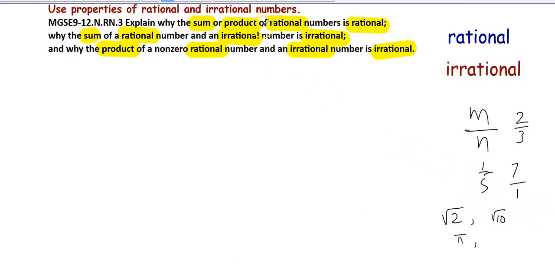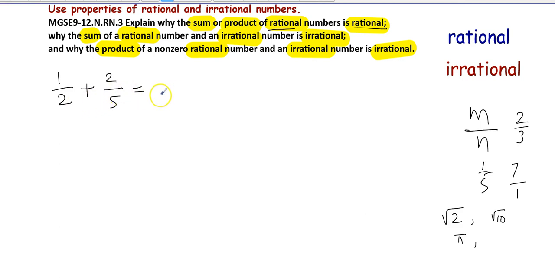Okay, let us look at the first part. The sum or product of rational numbers is rational. Let me take a basic fraction like 1/2 plus 2/5. 1/2 is a rational number and 2/5 is also a rational number.